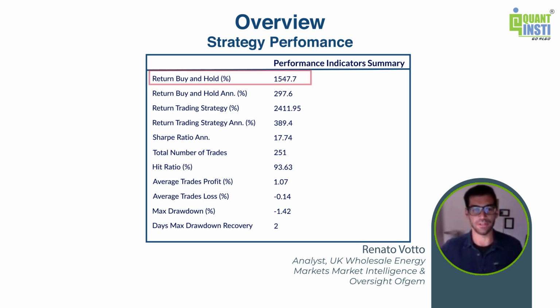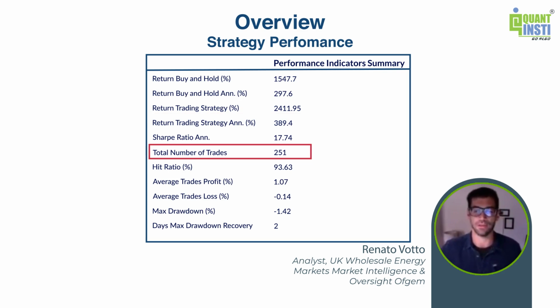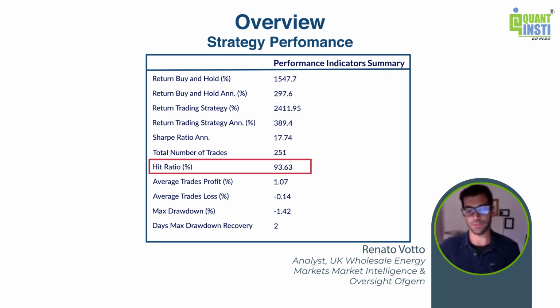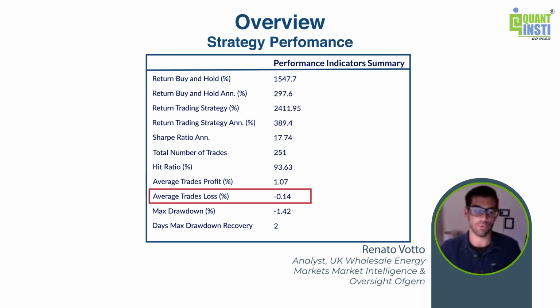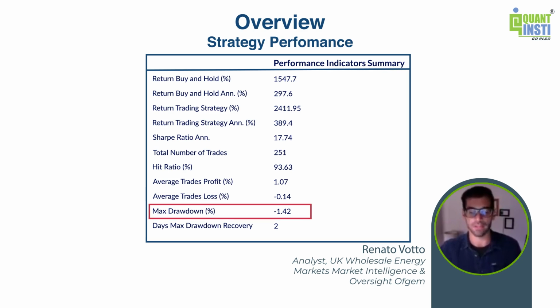As we see, we have the return of the buy and hold strategy as well as the annualized return, and then we have the returns of the trading strategy, and then we have a few more parameters like Sharpe ratio, the total number of trades that the backtesting carried out, the hit ratio, which is how many trades were successful, and then you have what was the average profit for each trade, what was the average loss for each trade, the maximum drawdown, so how much your account went down, its maximum figure, and how many days it took to recover from that drawdown.